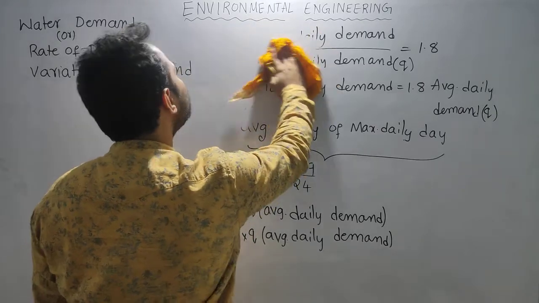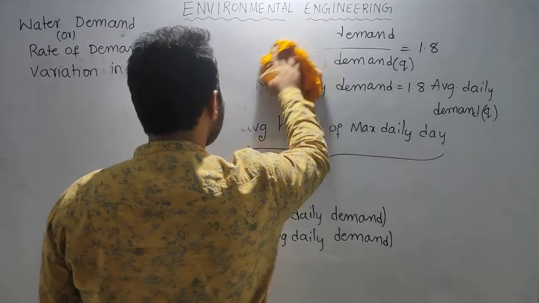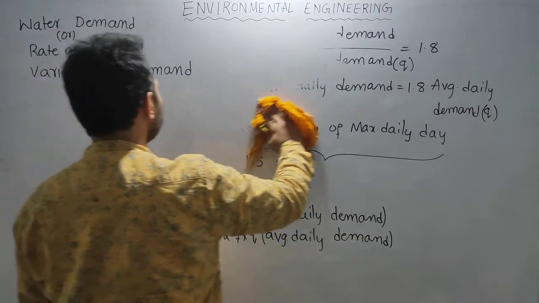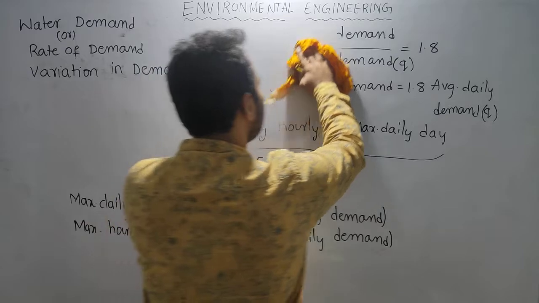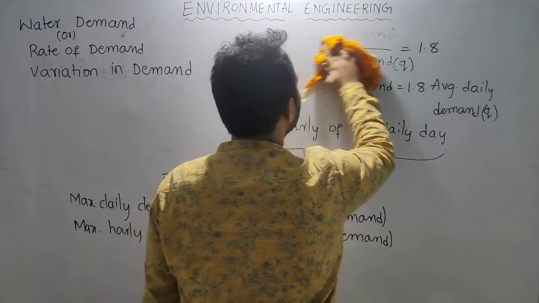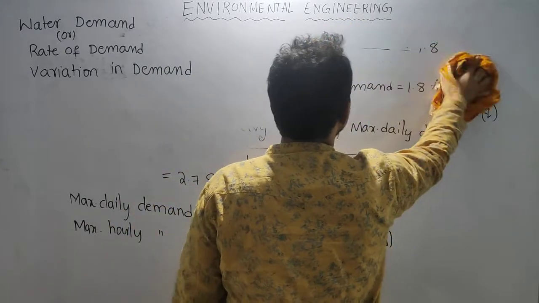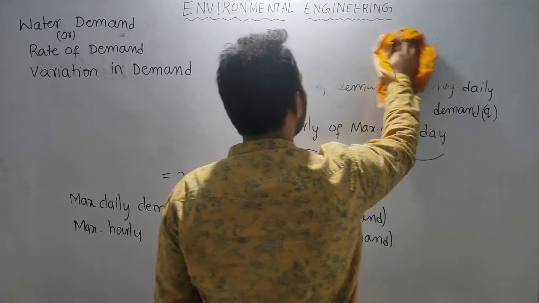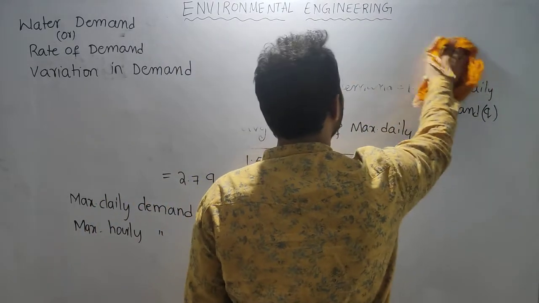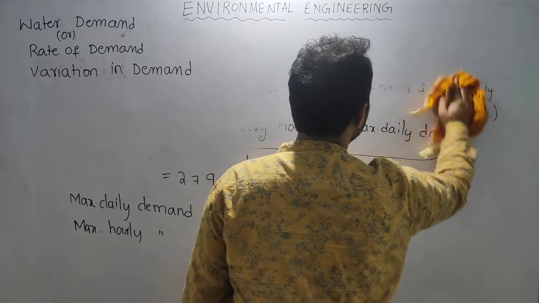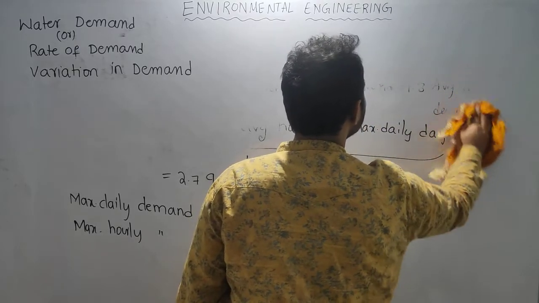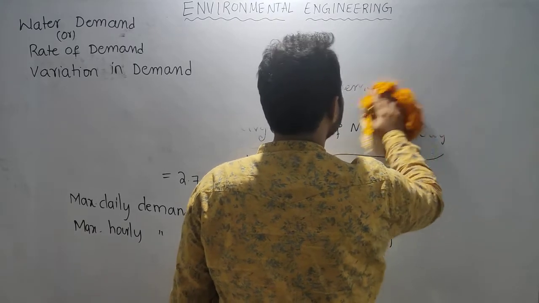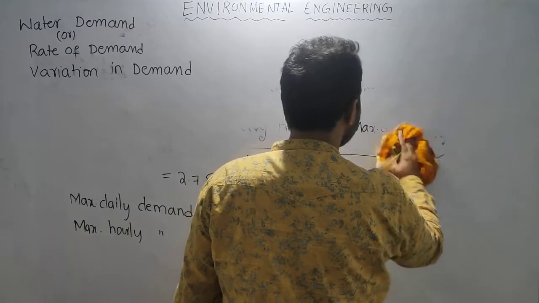What are those two things? The normal demand, whatever demand we are having, domestic, industrial, institutional, all those are normal demands, and sudden demands like fire demand. If both come together, then it is coincident draft. So when both fire demand as well as the daily demand come together, it is called coincident draft.